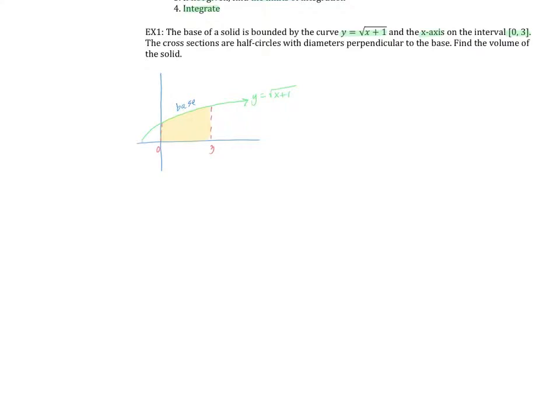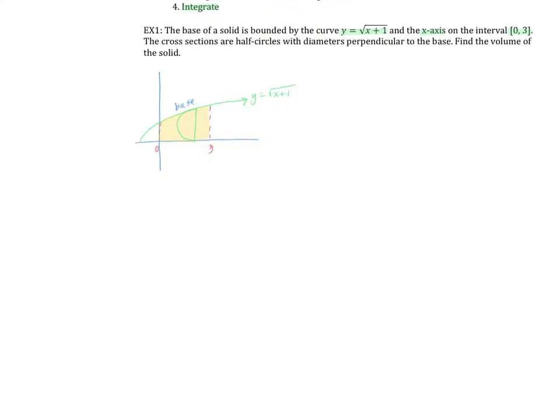This is our base of our volume, and we're going to create the volume by creating these half circles whose diameter is perpendicular to our base. So I'm going to go ahead and just draw a representative half circle. It would look like this. A diameter, and then the half circle is going to come up. That would be our A of x.